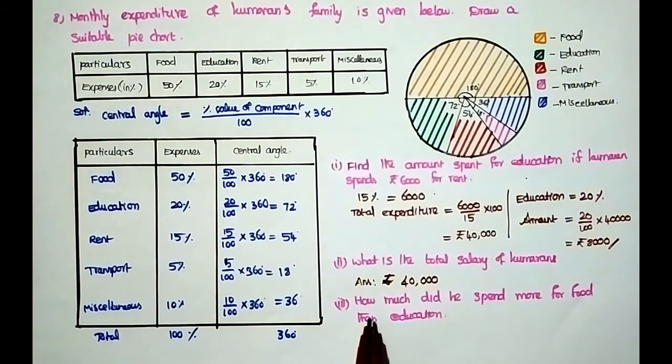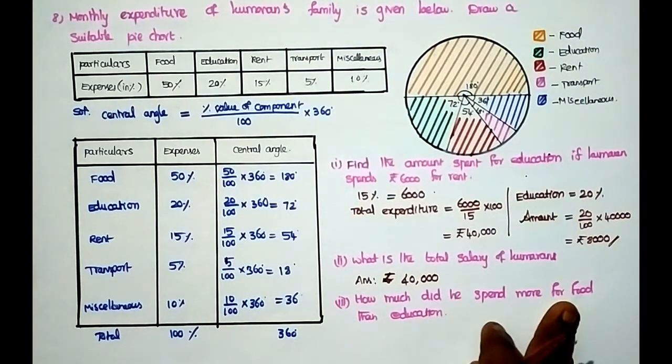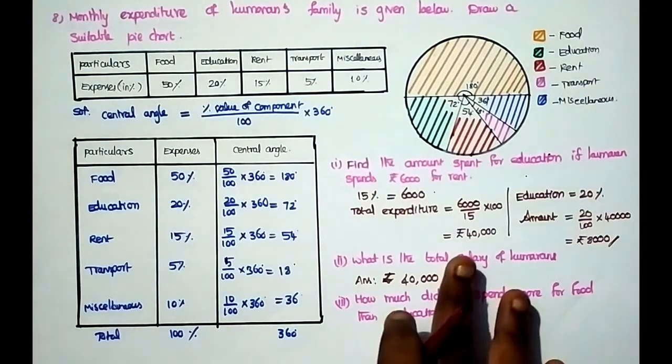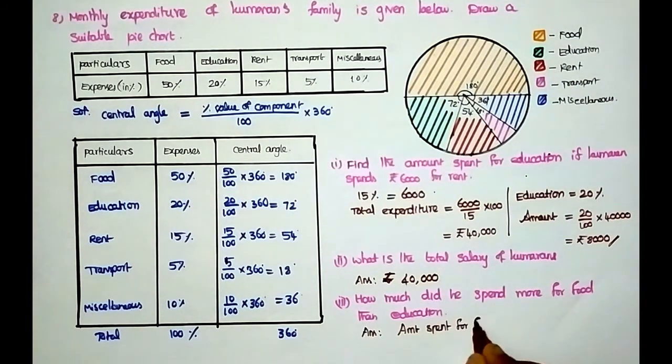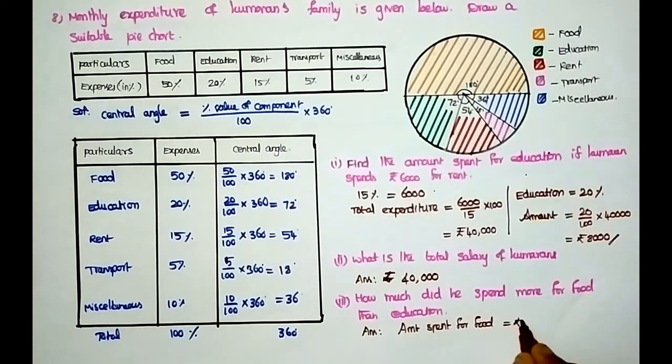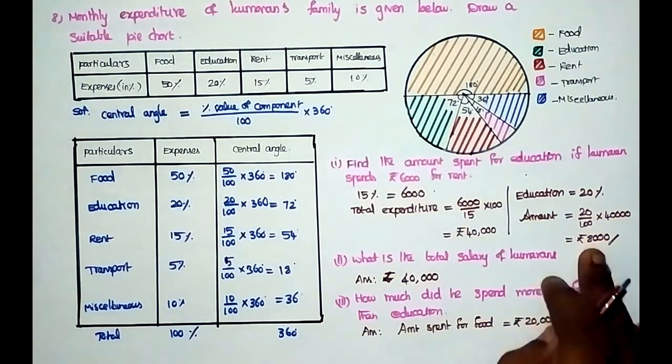Third question, how much did he spend more for food than education? He spent food how much? 50%. 50% means total salary is 40,000. 50% from that means that is 20,000. Amount spent for food, that is equal to rupees 20,000, and education 8,000.